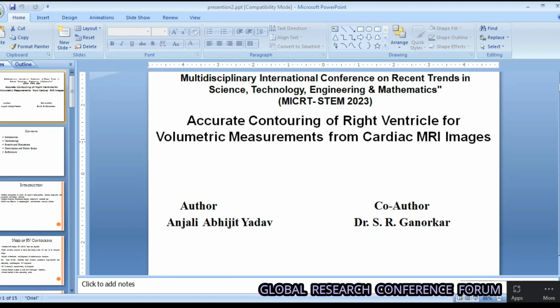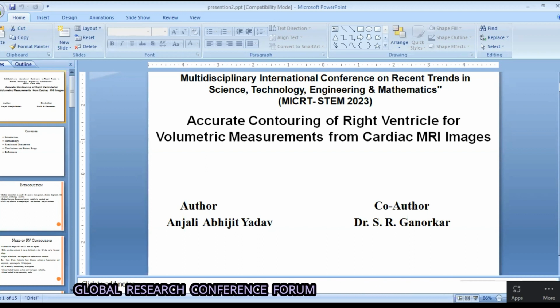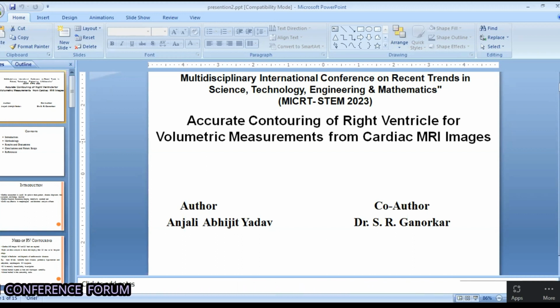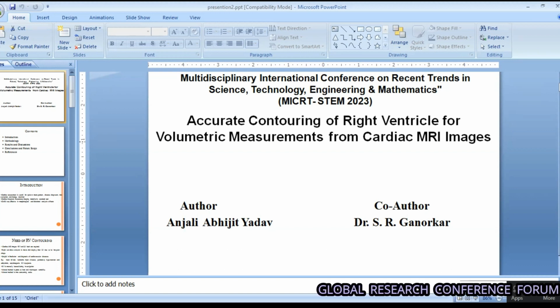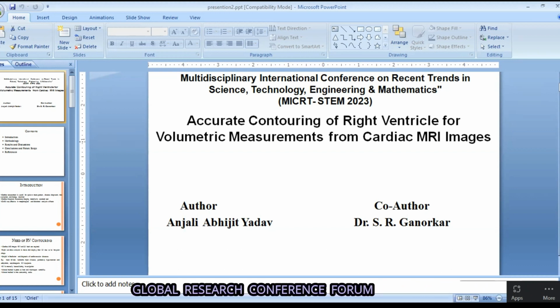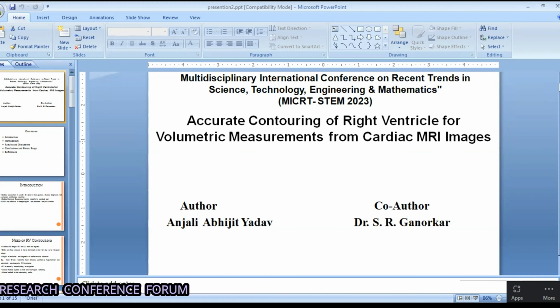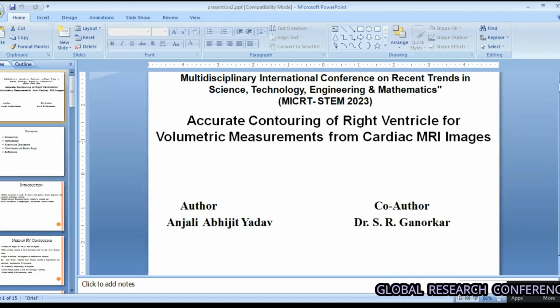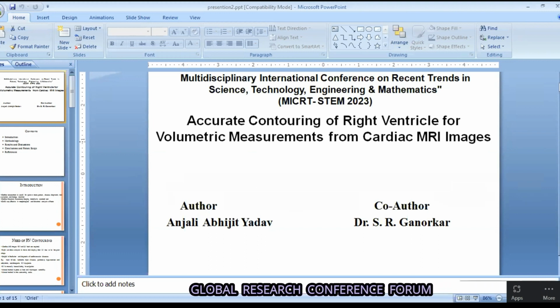So, introduction. As we all know, cardiac assessment is very useful for patient management, cardiac disease diagnosis, risk evaluation, and therapy decisions. Cardiac MR imaging modality is a standard tool which is very effective in morphological and functional analysis of the heart.